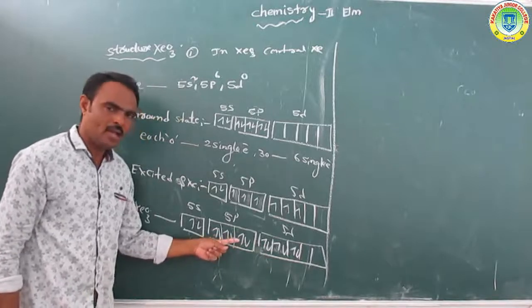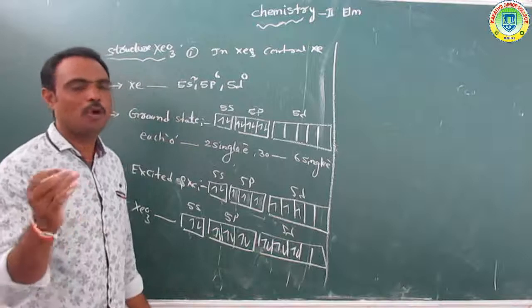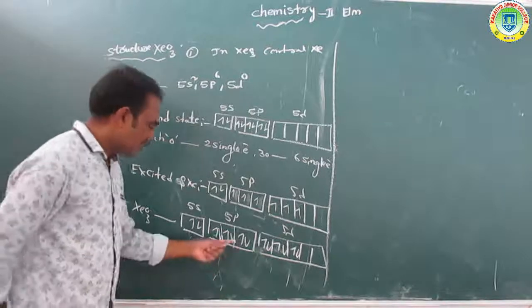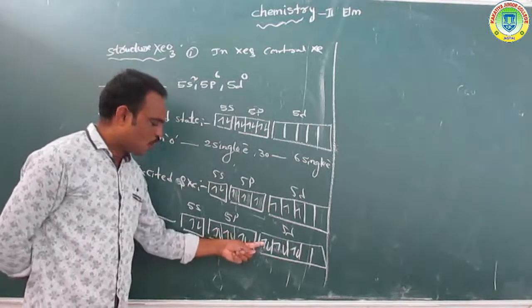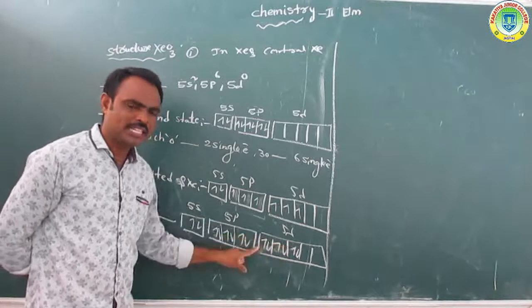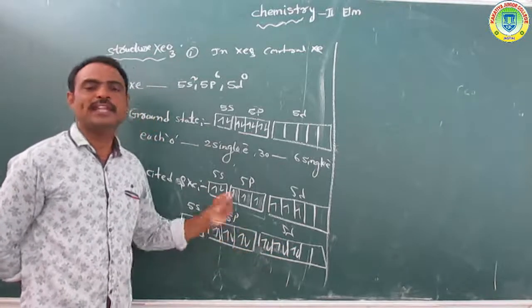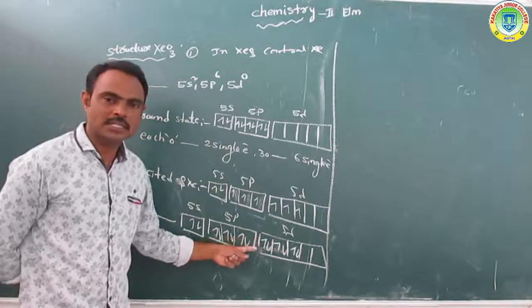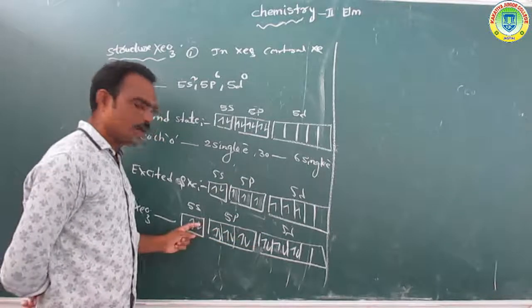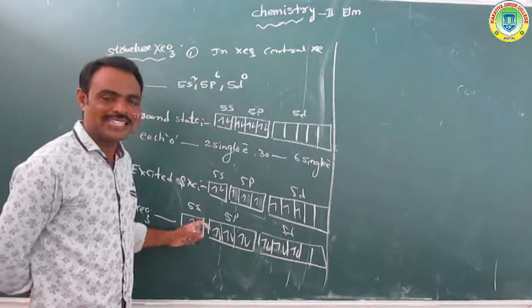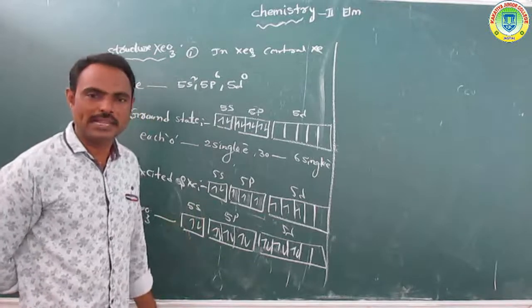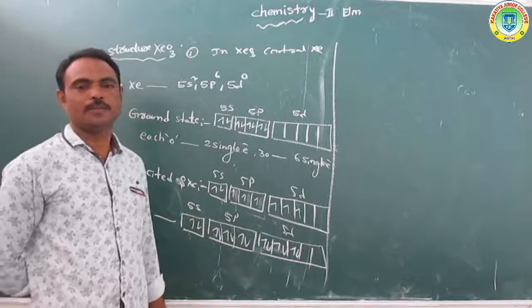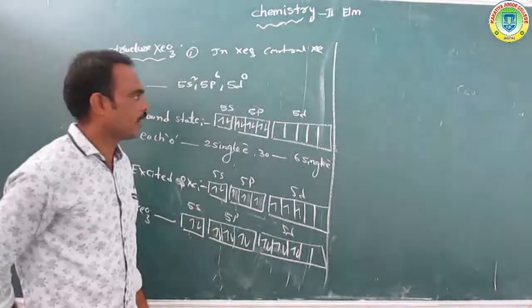Here, how many bond pairs and how many lone pairs? 1 2 3 4 5 6. These 6 pairs participate in bond formation, so they are bond pairs, but one pair does not participate in bond formation. That is the lone pair.